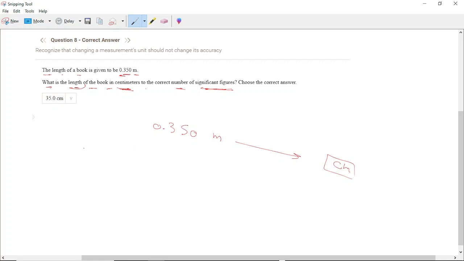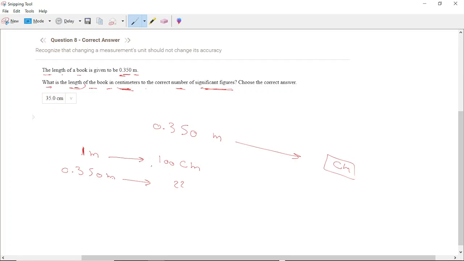As we know, 1 meter equals 100 centimeters, right? So 0.350 meter, how much will it be in centimeters?